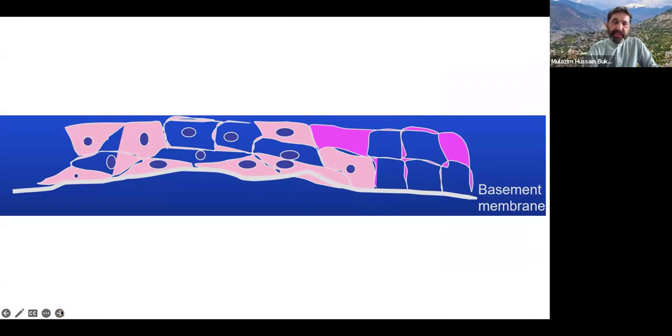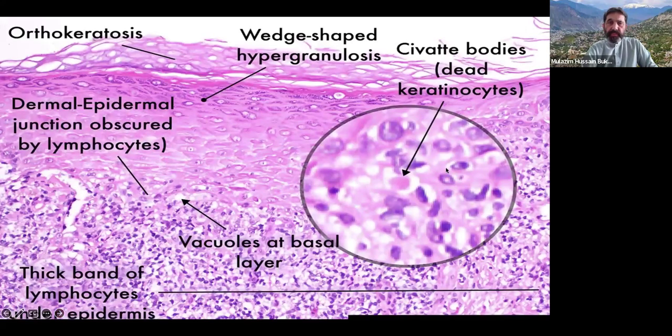The squamatization of this is a very important feature of lichen planus. Again, I am trying to show the civatte bodies, wedge-shaped hypergranulosis, orthokeratosis, and the sawtooth appearance, a jigsaw puzzle-like dermoepidermal junction.